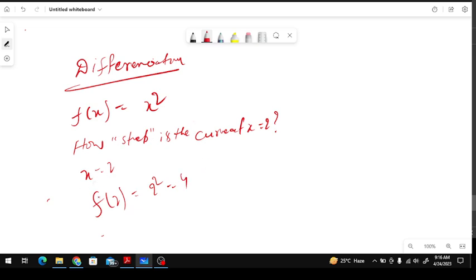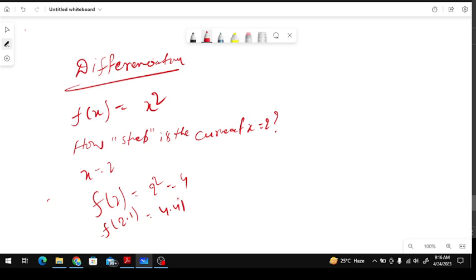Similarly, if you write 2.1, it becomes 4.41, and so on. So the resulting line passes through the 2 points and has a slope of 4.1.